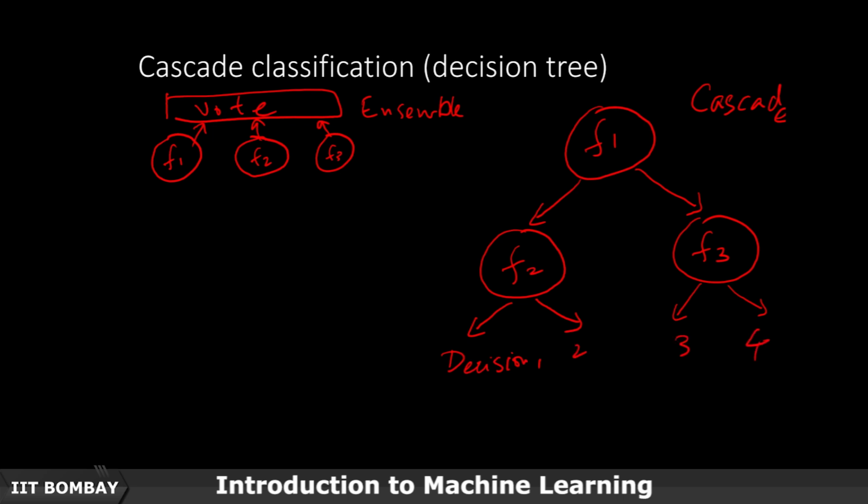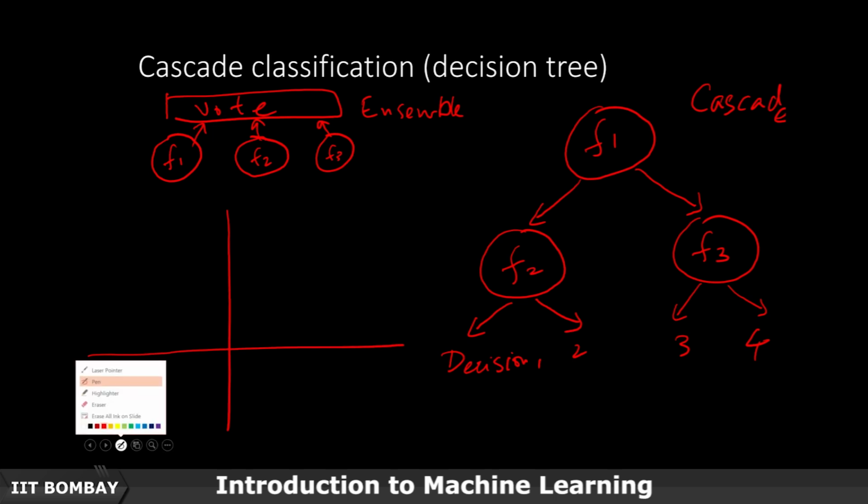Okay. So, each of these classifiers in the cascade might be a weak classifier, but when we combine them in a cascade, then they may give us better decisions. So for example, let's look at linear classifiers.